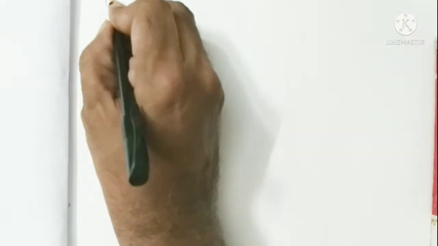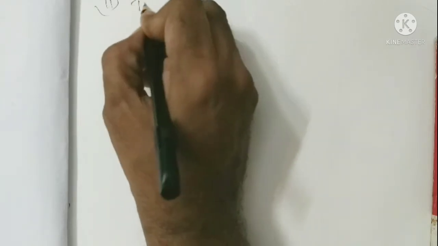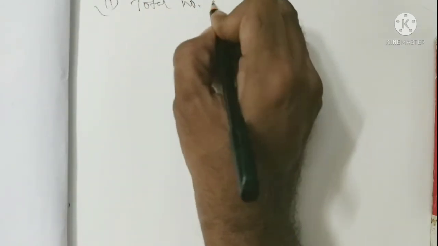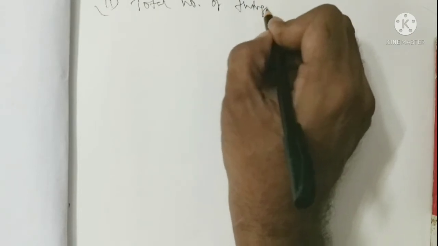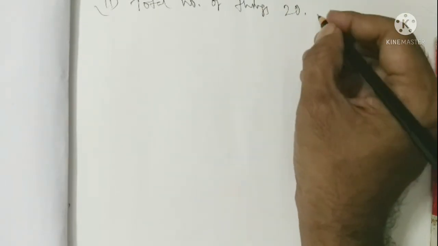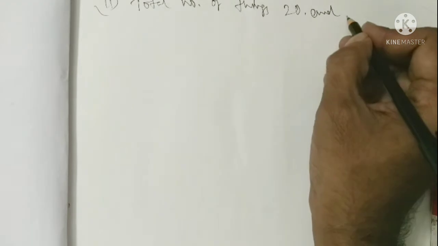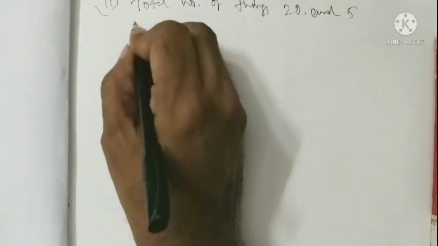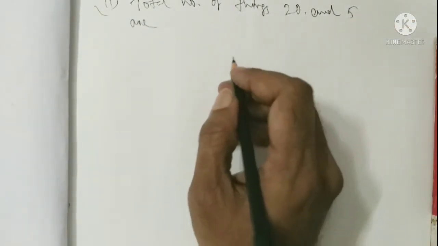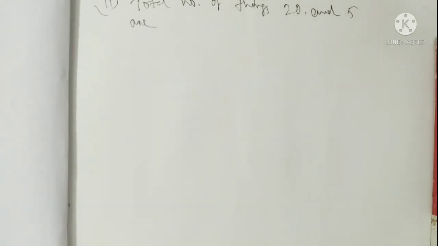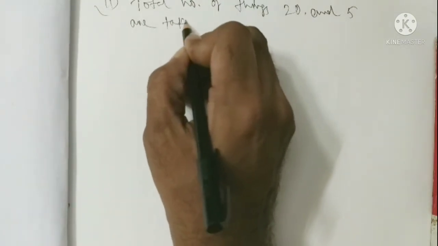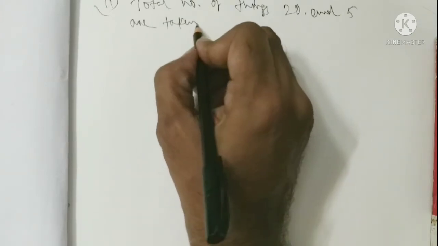In the next part, our problem is the always occur type. Now in our problem, the total number of things is 20 and 5 are taken at a time.